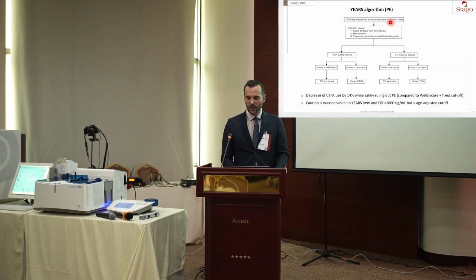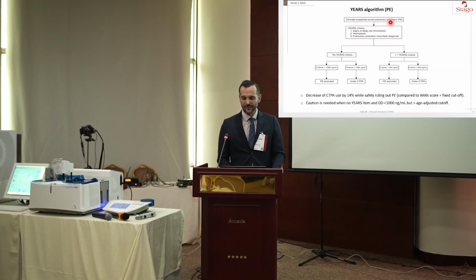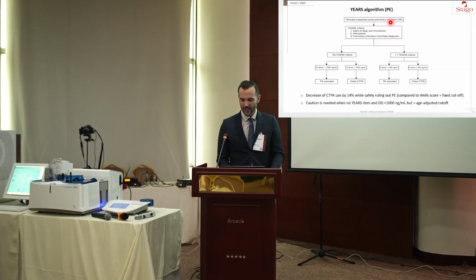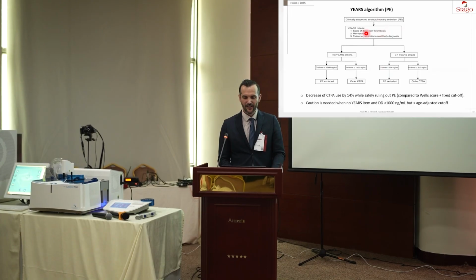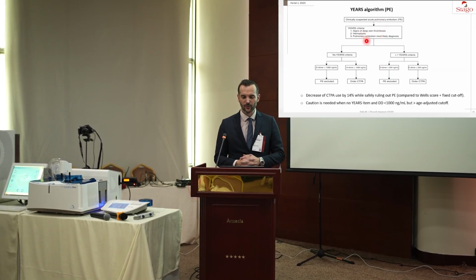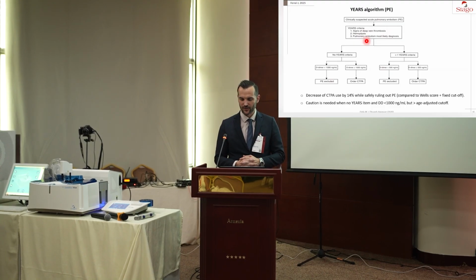This algorithm combines a simplified clinical assessment, which is based on three clinical elements of the Wells score. So the presence of signs of DVT, hemoptysis, and the fact if pulmonary embolism is the most likely diagnosis or not.